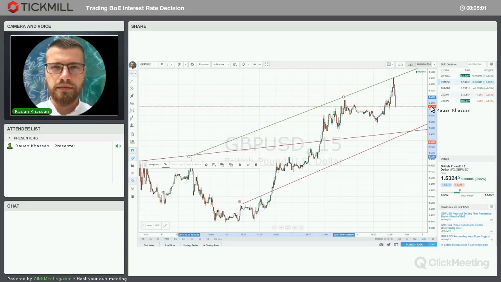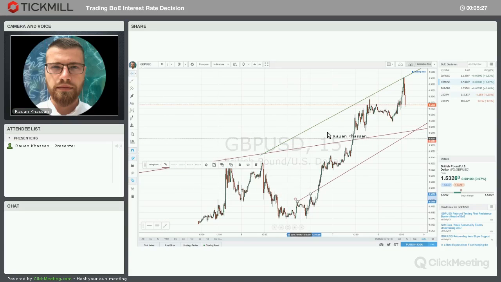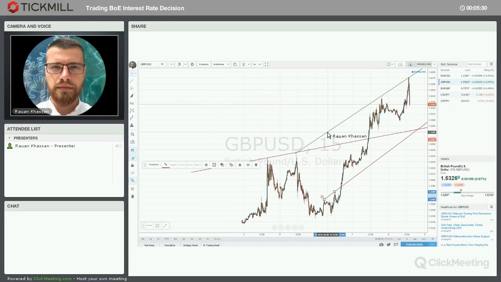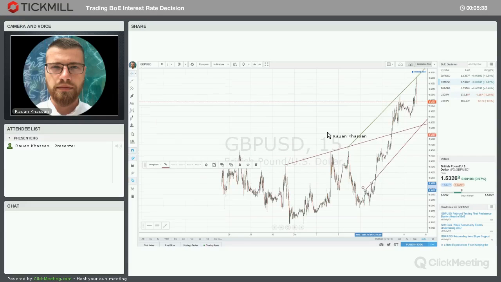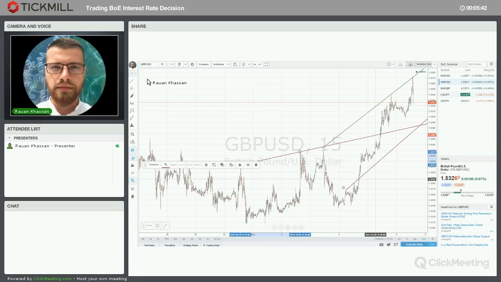The expected market move then is that the pair is going to check the area of 1.5290, 1.5285, where we have a coincidence of two trend lines, one coming from the intraday highs of 6th of October, and the second being more distant, as shown on the chart, connecting the highs for September 30th and 2nd of October.